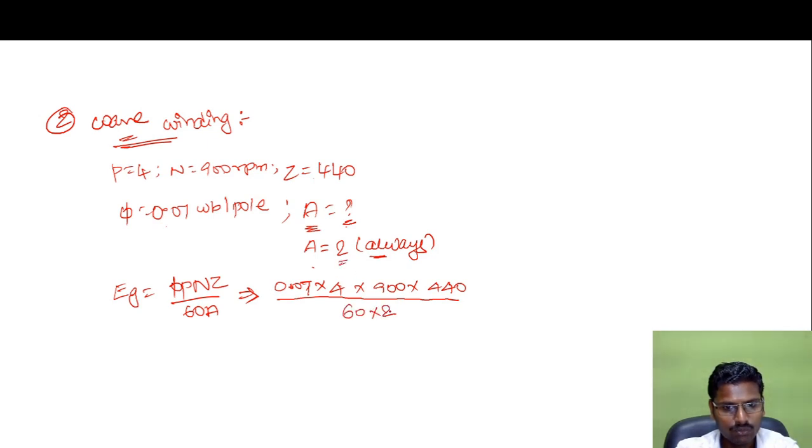This is the only change between lap winding and wave winding. When we solve this, we get EG as 924 volt when the armature winding is wave winding.